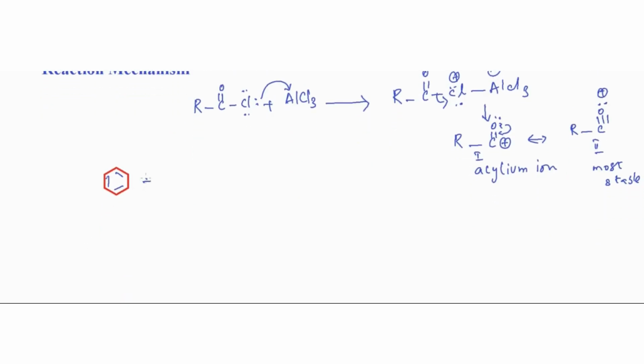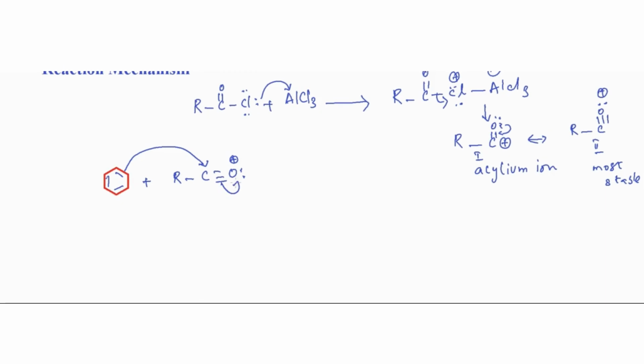It reacts with the benzene ring like this, and it attacks this carbon, with the electrons migrating towards the oxygen to stabilize this positive charge. So finally we will get like this. Okay, so this carbon will get a positive charge.